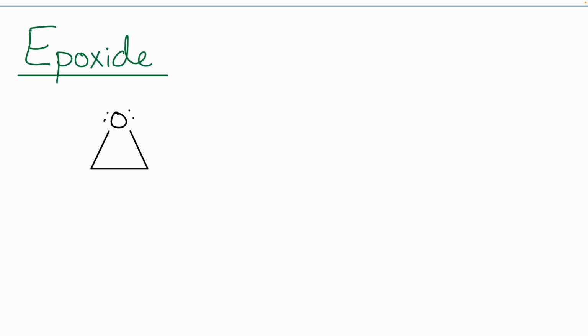We have an oxygen sandwiched between two carbons. But importantly, it's been kinked into this three-membered ring here. So that's this essential feature of an epoxide. An epoxide is a three-membered carbon-oxygen-carbon ring.